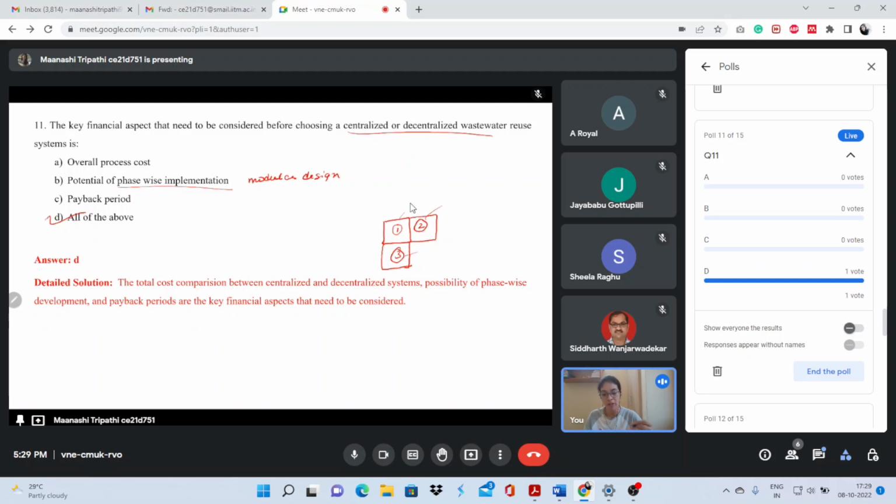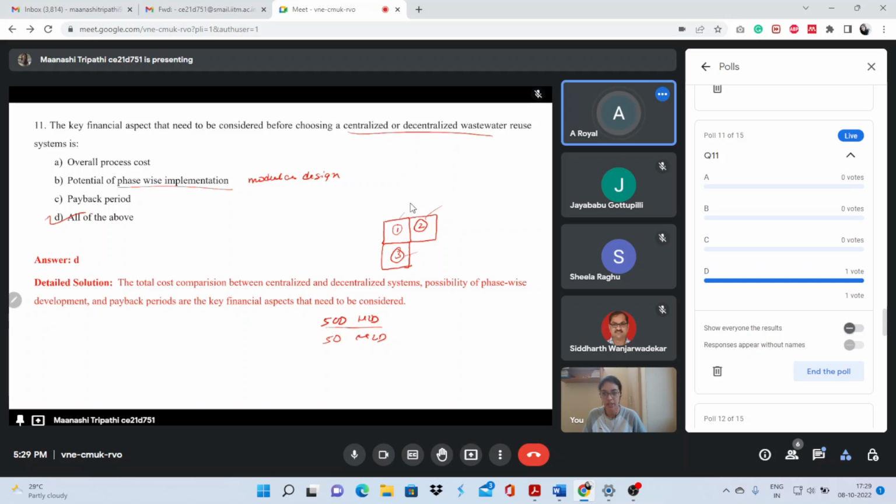Our 50-year plan is 500 MLD, but for now only 50 MLD is required, and we have installed a treatment plant of this capacity. What can happen? One is your sewer size, the sewer flow rate will decrease. The tank size, you'll be having a very small quantity for treating.